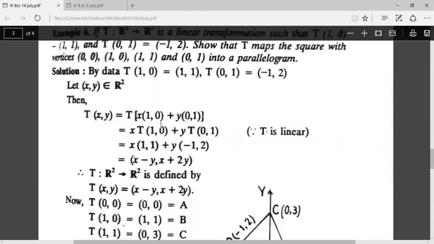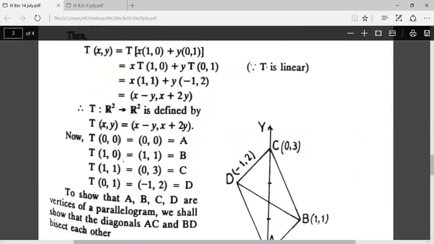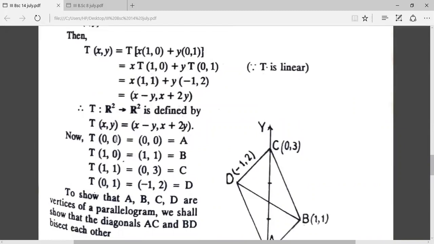First we shall find the images. T of (0, 0) is nothing but, by putting x equals 0 and y equals 0 in the linear transformation, you will get (0, 0). Call that vertex A. T of (1, 0), by putting x equals 1 and y equals 0, you will get (1, 1).